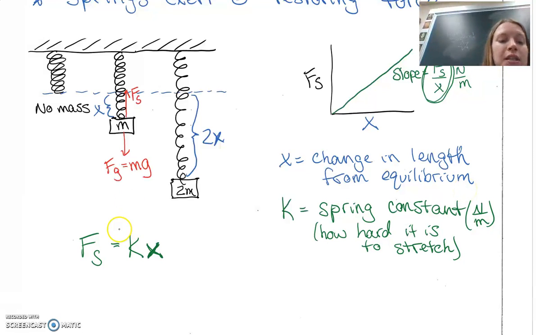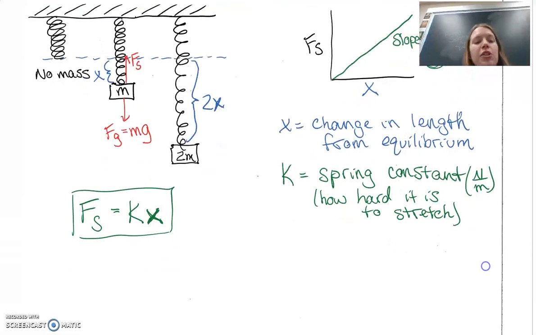Sometimes you'll also see this with a negative sign thrown in here. I'm not going to throw it in there. All that negative means is it's a restoring force, so it's going to take the change and undo it. But we don't need to worry about that. This is in our reference tables. So you might have questions that say find the spring force or the force from a spring. You would need to know the spring constant and the stretch of the spring. We'll do more problems like that in class.